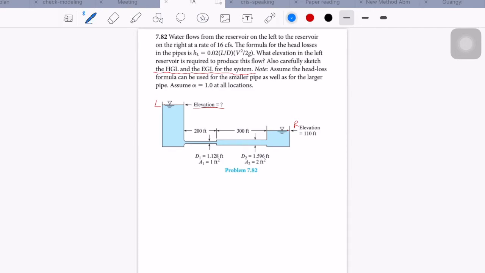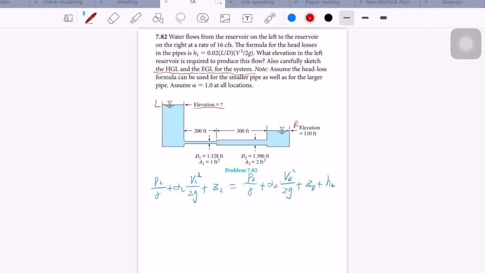We have that PL over gamma plus alpha L times VL square over 2g plus ZL should be equal to PR over gamma plus alpha R times VR square over 2g plus ZR plus the head loss from L to R.